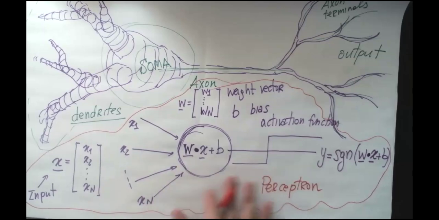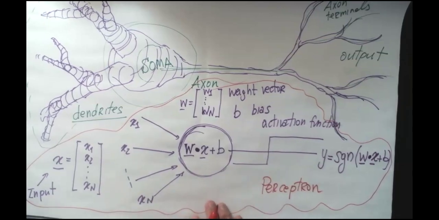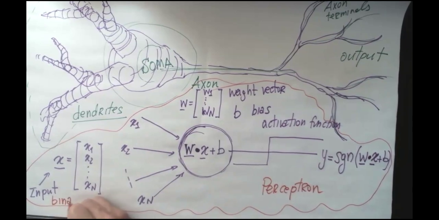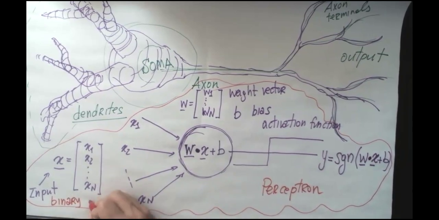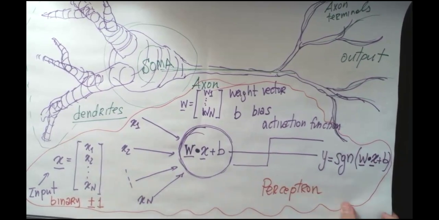And I'm going to explain now in all the details what all these quantities mean. First of all, the input is binary. It means each of the components of this vector can be just plus or minus 1.